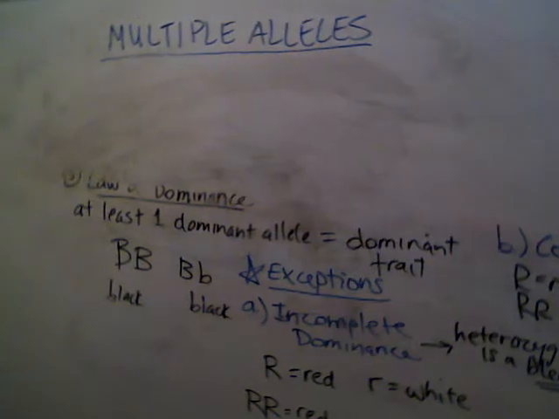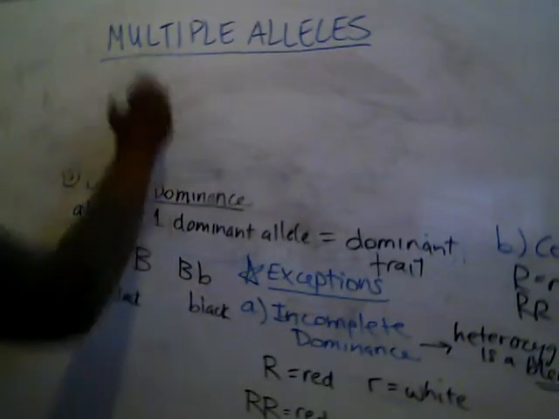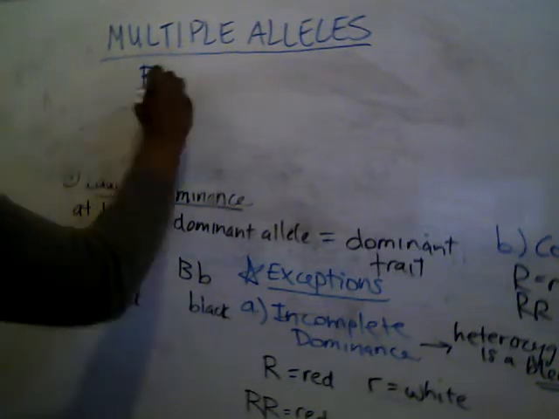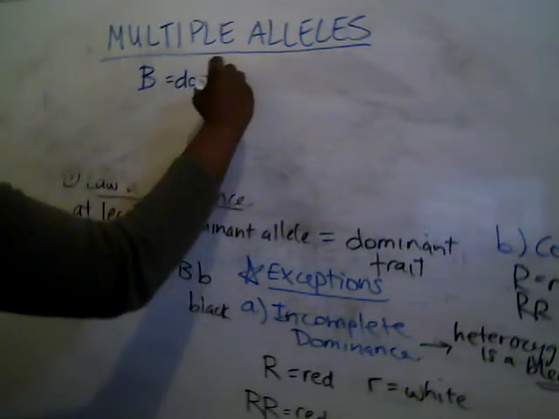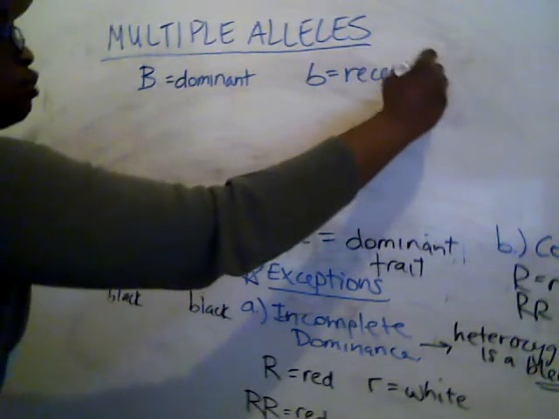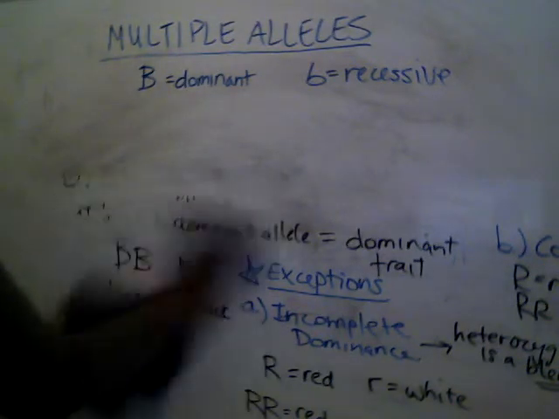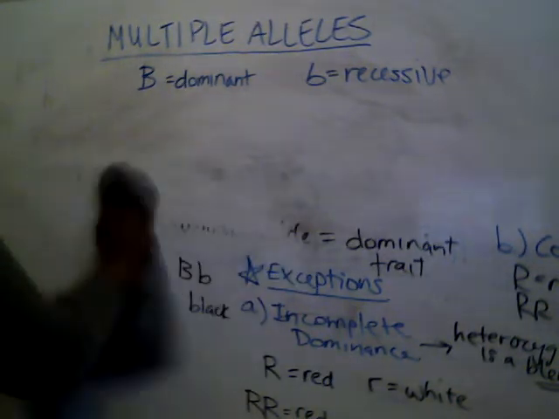That's like the big B, the little b, the letters that we talk about. Normally we only have two options: a capital letter for dominant, and usually a lowercase for recessive. That's usually the normal case. But for multiple alleles, we have multiple options. We don't just have dominant and recessive. We have a little more to choose from.